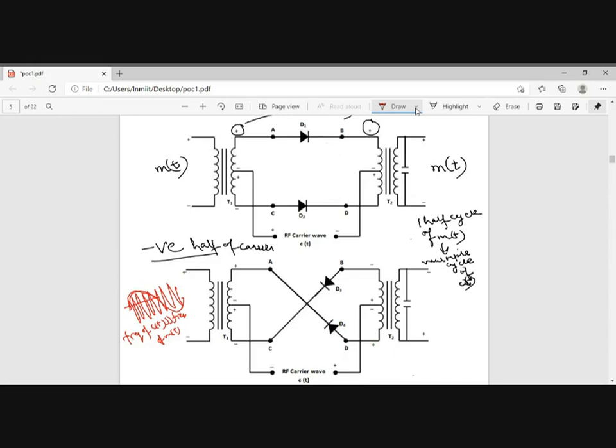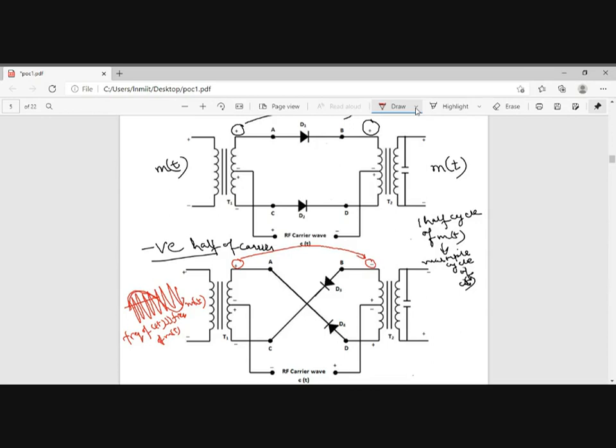Whenever m(t) is applied here, you can see that the polarity of the terminals of this inductor, the primary coil, changes between the input and the output.